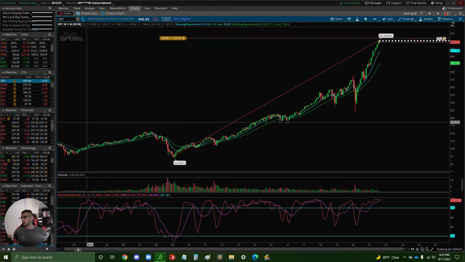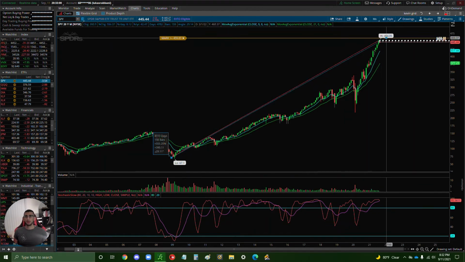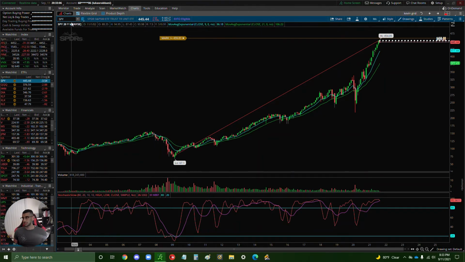So right now, not only on the technical side of things, I actually drew this line from a few weeks ago, or was it last week. Not only from the technical side of things, we're up 500 and something percent from the financial crisis of 2008, but on the sentiment and fundamental side of things, the government has been pumping a lot of stimulus and unemployment into the economy.